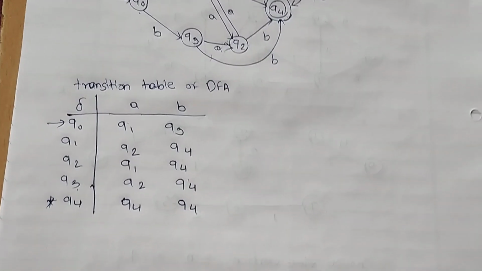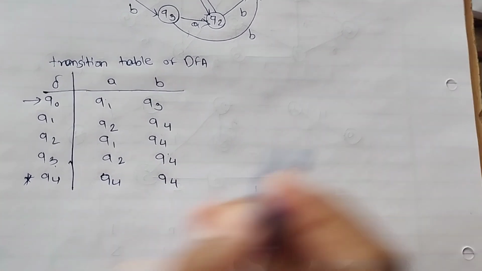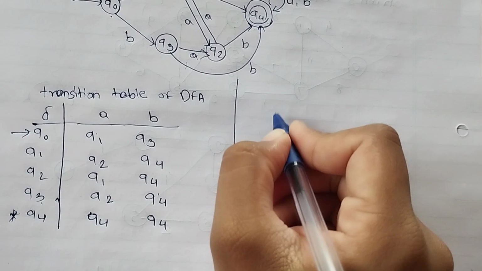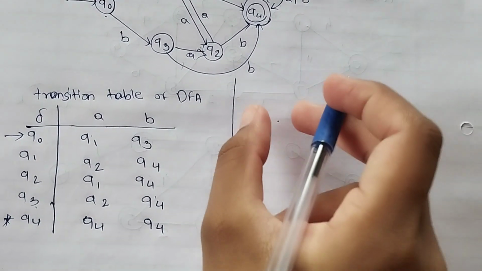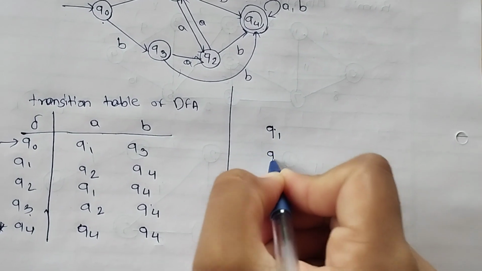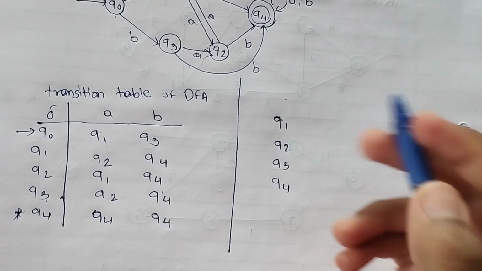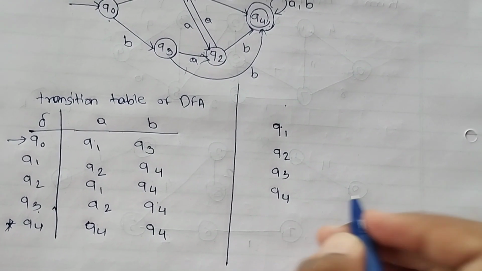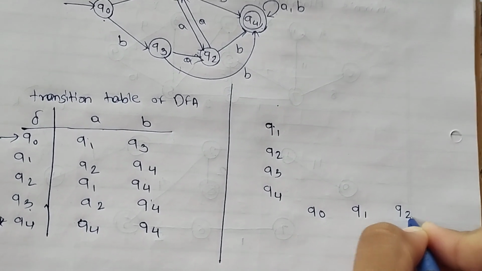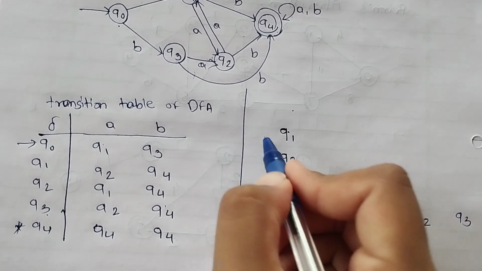Now draw the table. How do we draw it? First, in the column the initial state is not considered. So here we draw Q1, Q2, Q3 and Q4, because Q0 is the initial state. And in the row the final state is not considered, so here Q0, Q1, Q2 and Q3. We do not consider Q4.